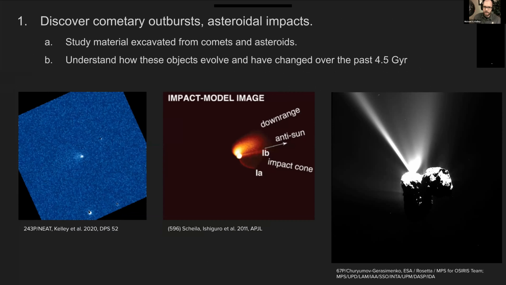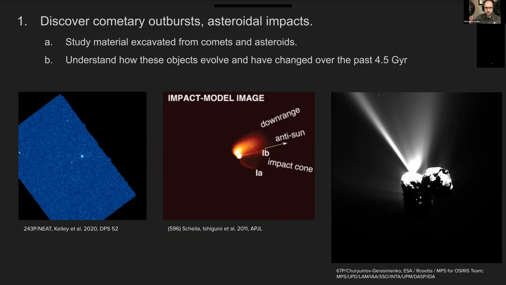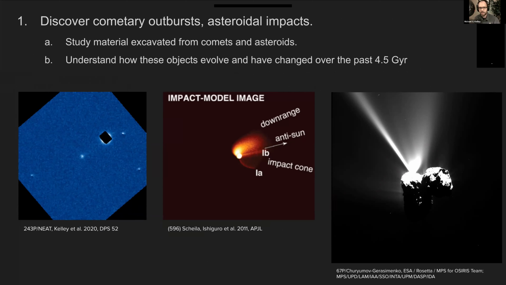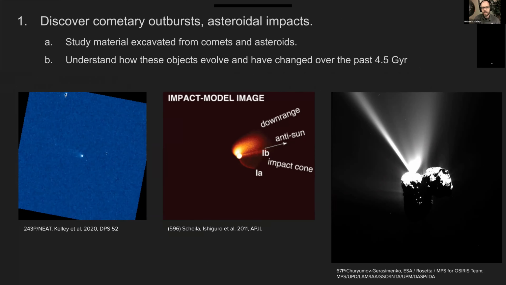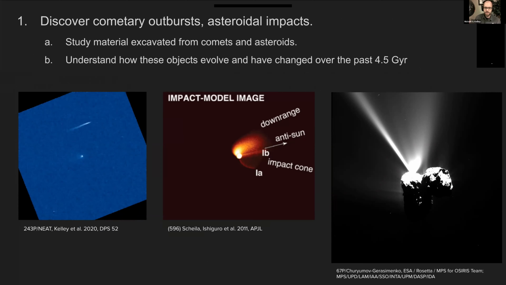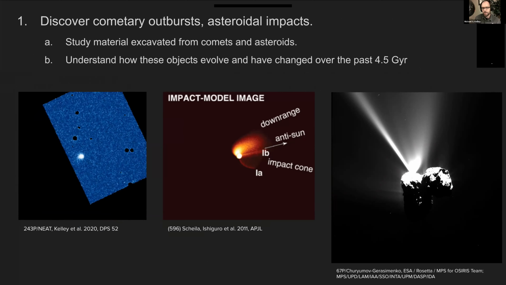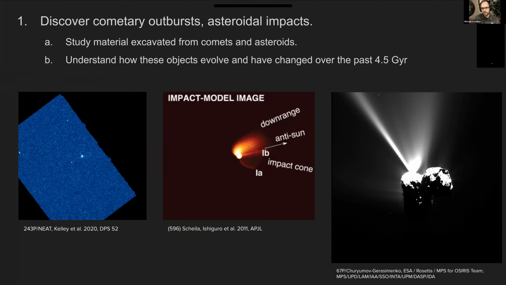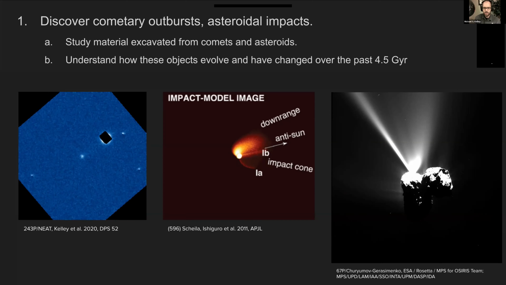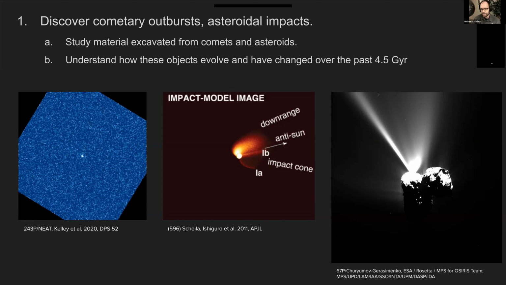But going into some depth on the first two, discovering cometary outbursts and asteroidal impacts. The reason is that these events give us an opportunity to see material excavated from a particular location on comets and asteroids. We may not know what that location is.